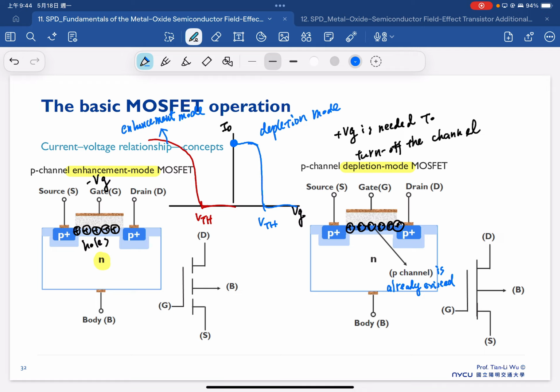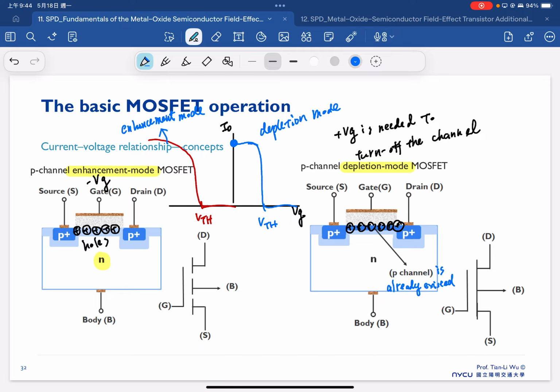So on the left hand side we have the p-channel enhancement mode. On the right hand side we have the p-channel depletion mode. The operation concept is very similar to the N channel, but you just need to think of it oppositely, because now the holes are being inverted, so we need to either apply enough negative bias to induce holes, or apply the positive bias to deplete the holes here.